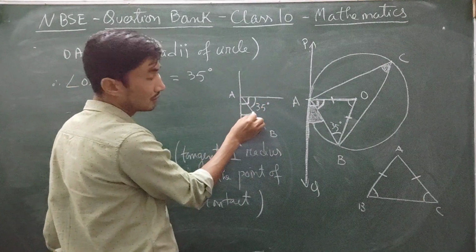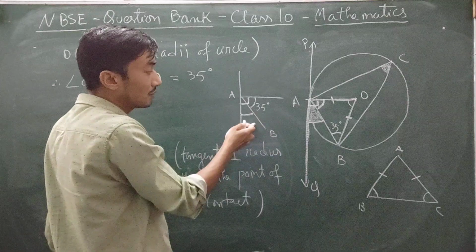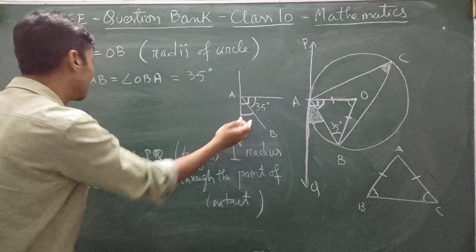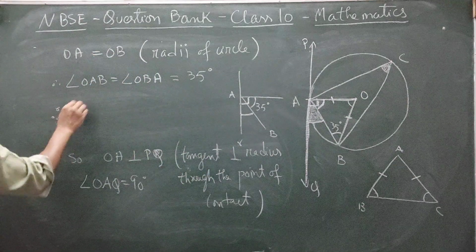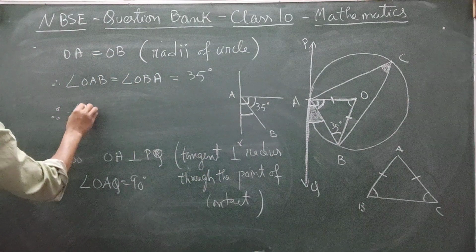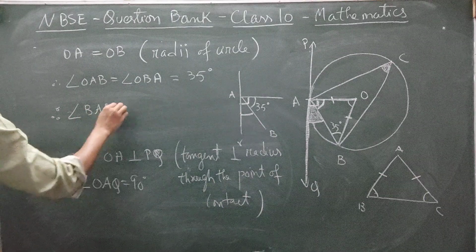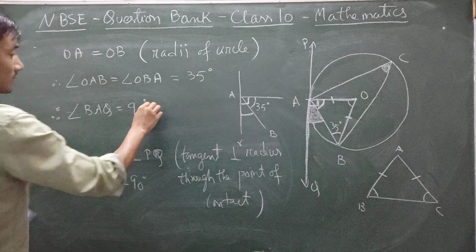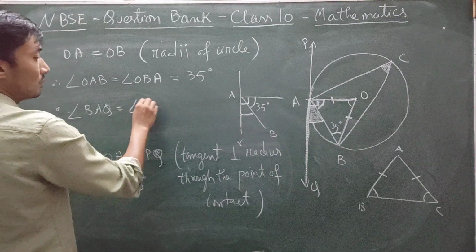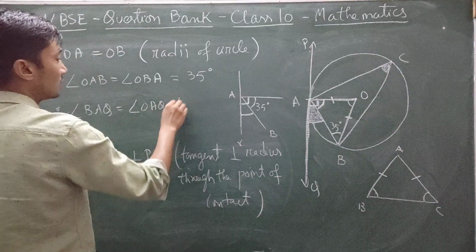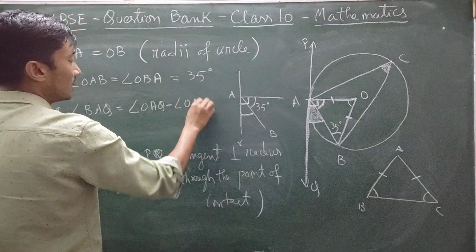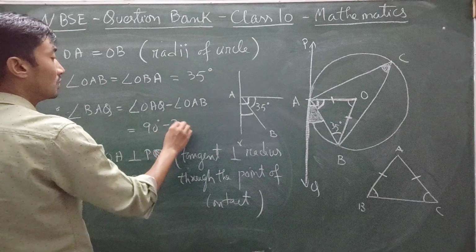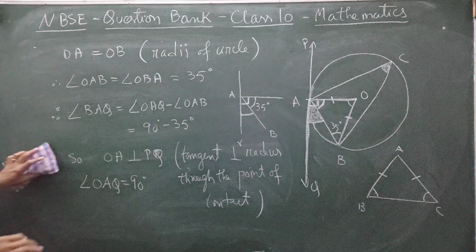The remaining is 90 minus 35, because full is 90 and 35 is already found. So angle BAQ will be angle OAQ minus angle OAB, that will be 90 minus 35 degrees.